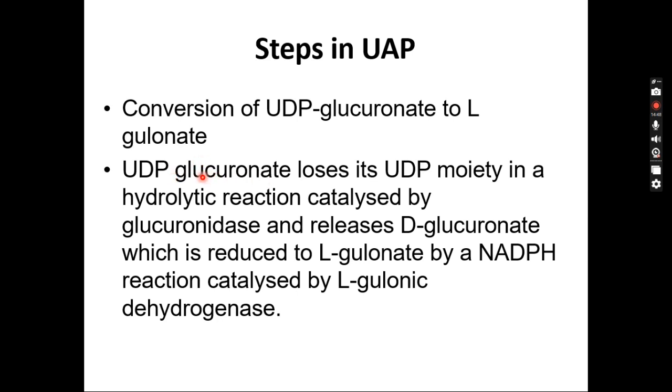In this process, the UDP glucuronate loses its UDP moiety in a hydrolytic reaction, and this reaction is catalyzed by glucuronidase and releases D-glucuronate, which is then reduced to L-gulonate by an NAD reaction that is also catalyzed by L-gulonate dehydrogenase.